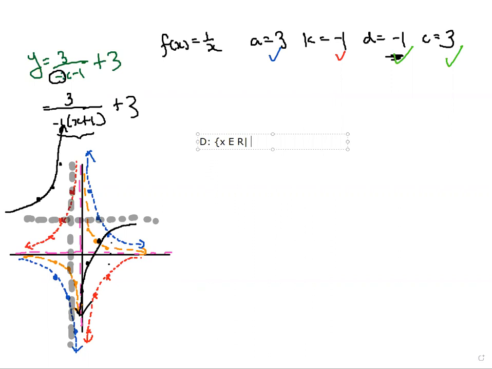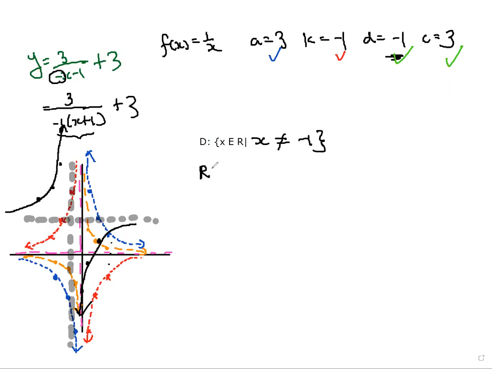Where this dotted line is. And that particular value is matching the d value. It is when x is equal to -1. So I don't have the symbol for that. Let me just write it. X cannot be a -1, but everything else is fair game.